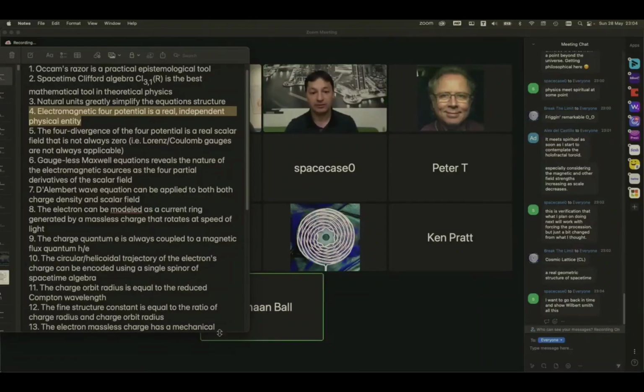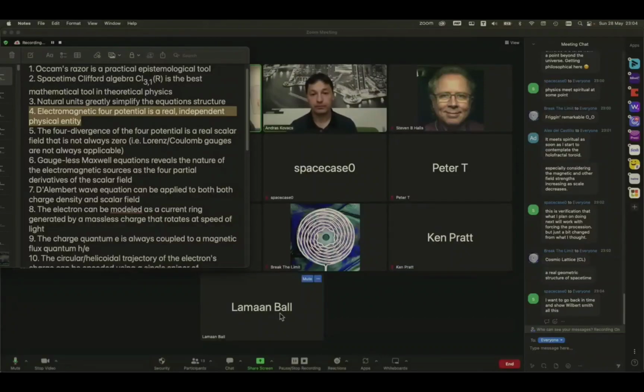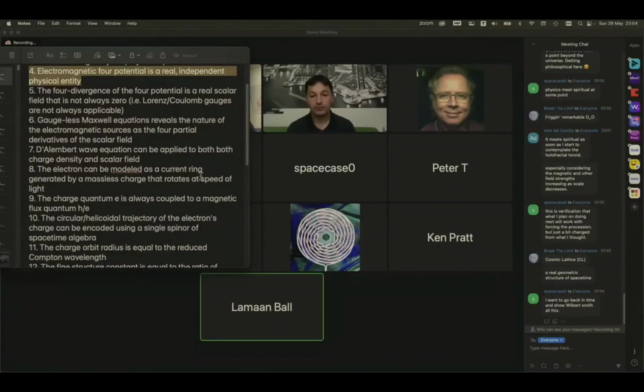We know it's real, don't we, because of the Aharonov-Bohm effect? Yeah, that's another aspect of it, yes. Thank you, Larman, for the interjection there. Did you want to extend your question there, Larman, or your comment? Well, it's quite well known, you can look it up, the Aharonov-Bohm effect is a kind of modification of the double slit experiment, which shows that the vector potential has a real effect on the interference fringe result.